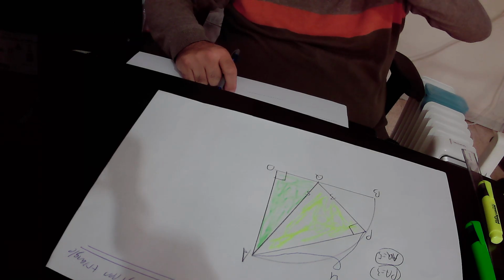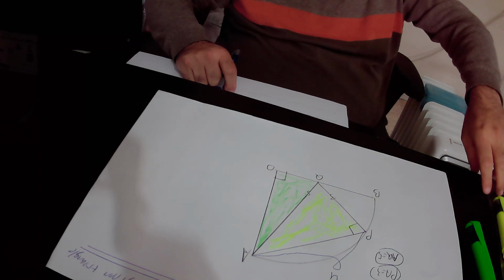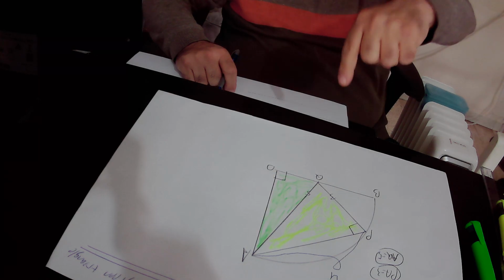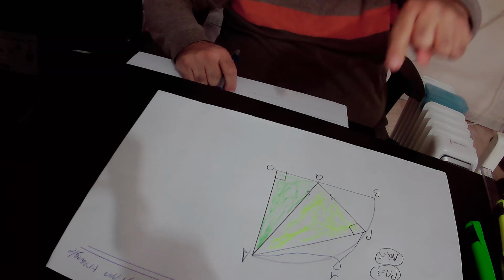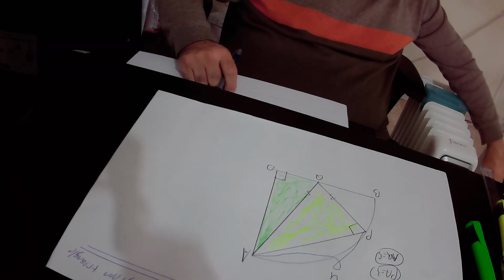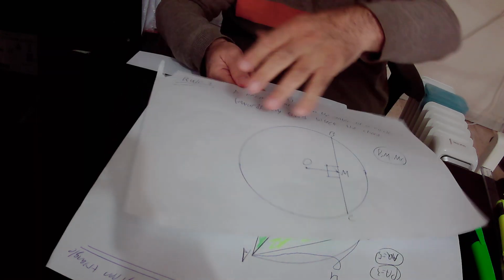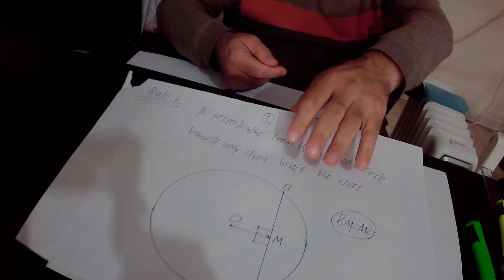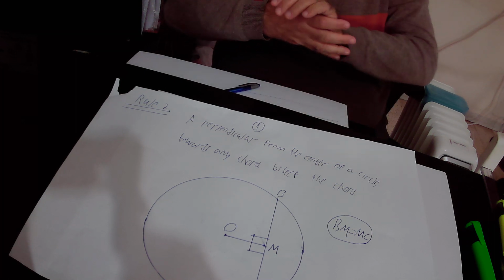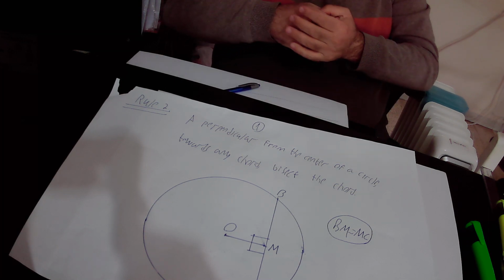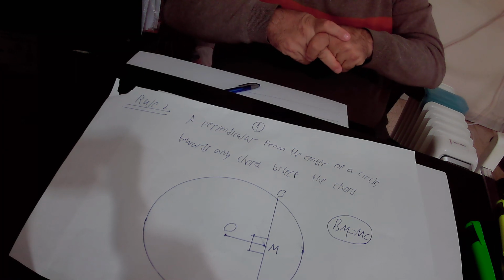And we have rule number 2 that states that a perpendicular from the center of the circle towards any chord bisects the chord. According to rule number 2, a perpendicular from the center of the circle towards any chord bisects the chord.